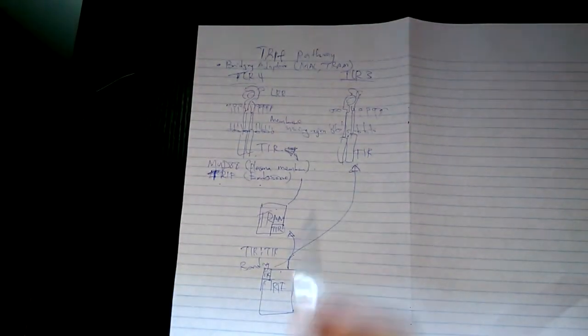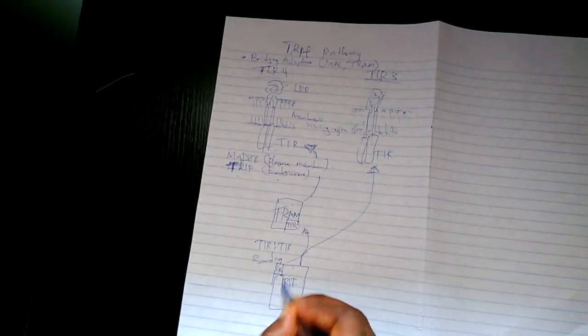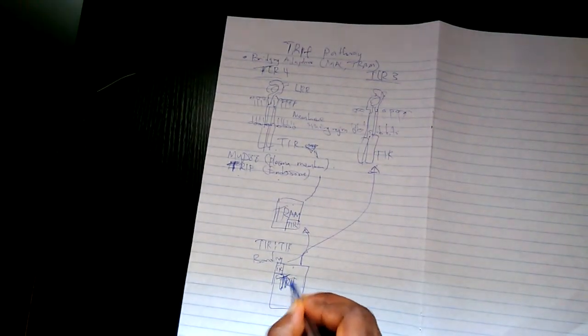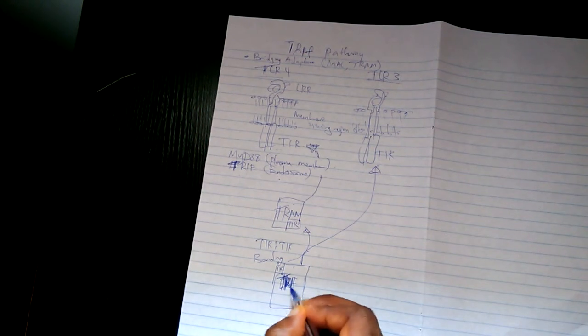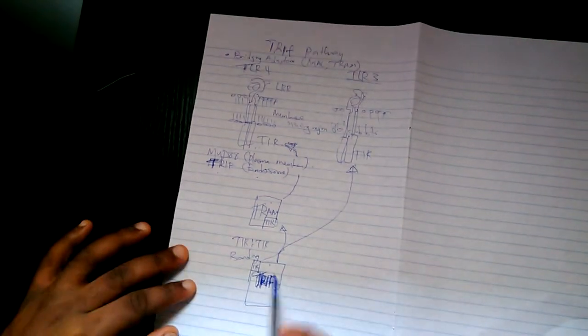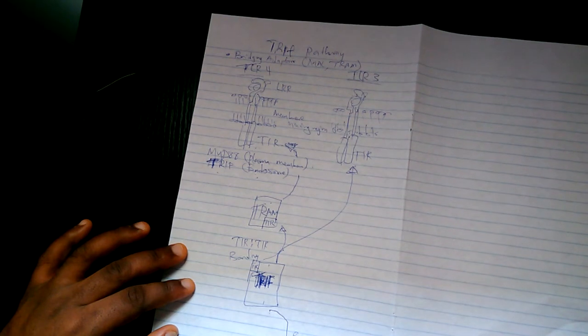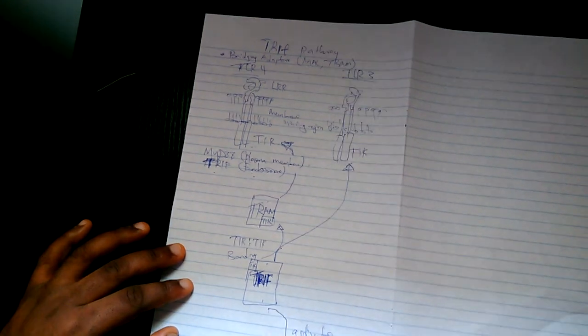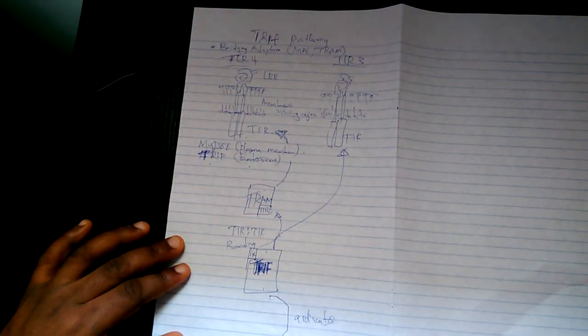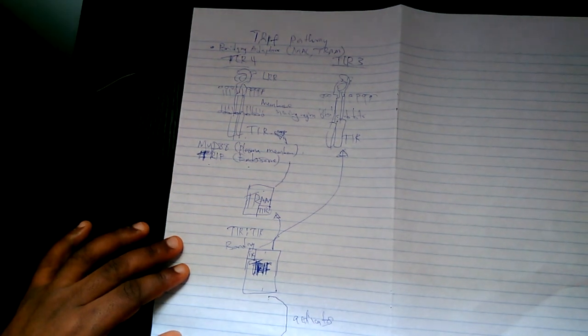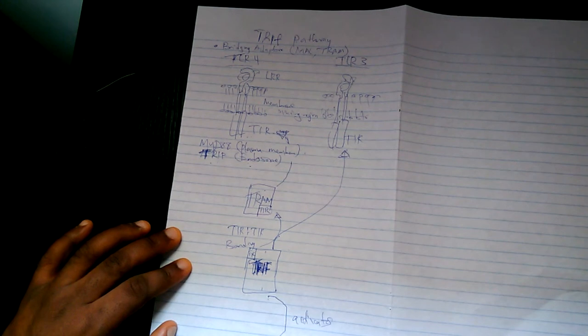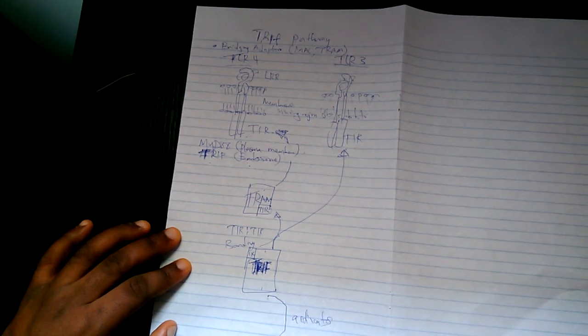So now, when TRIF binds, sorry about the writing, but that is TRIF. If TRIF binds, it activates another protein, and this is very important, called TRAF3. Now TRAF3 goes ahead to activate itself again through polyubiquitination.